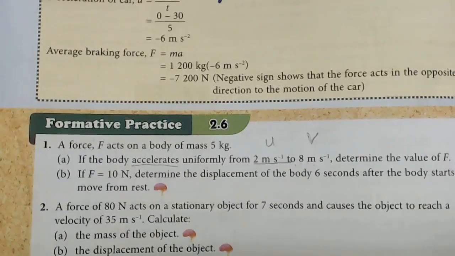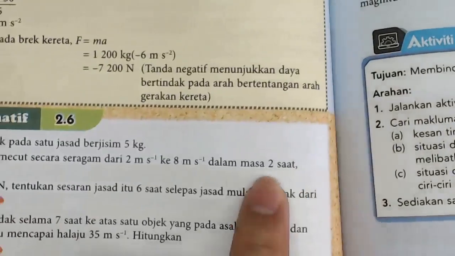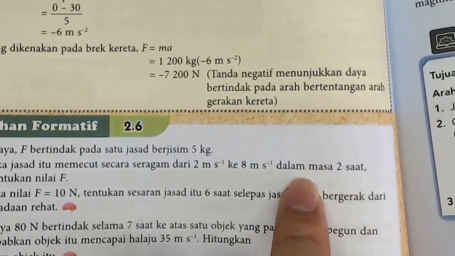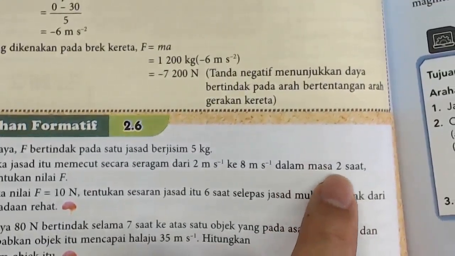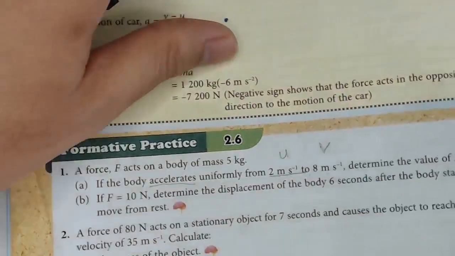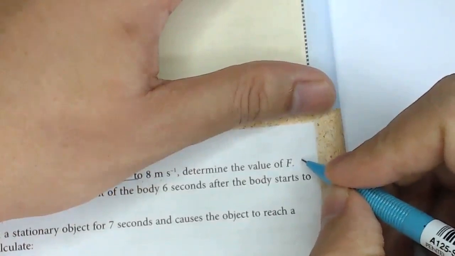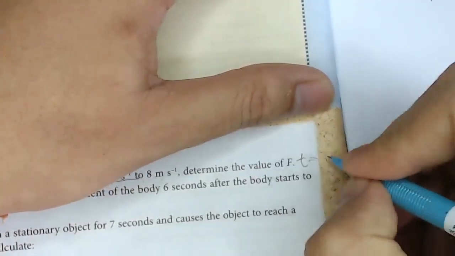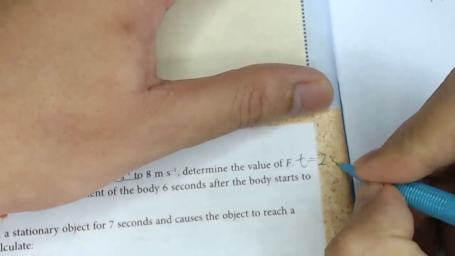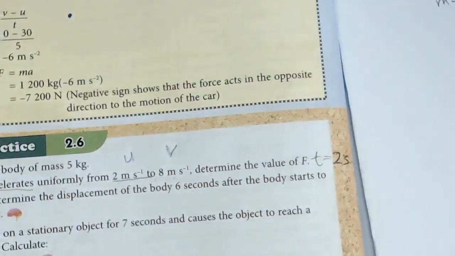Where is it? Oh yeah, they have an error there. Okay, so it is 2 seconds. Need to alter something here. T is 2 seconds. Okay, thank you for that.